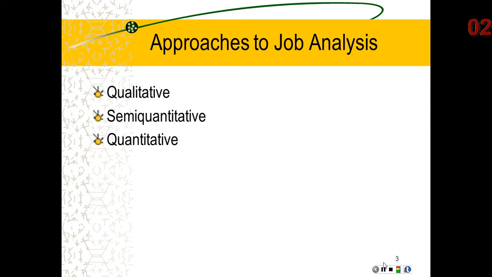And so this is more of a qualitative approach. This you often do as you're screening jobs to see if there's a need for further analysis. So we typically start with a qualitative. We might move on to a semi-quantitative if it is a problem job.